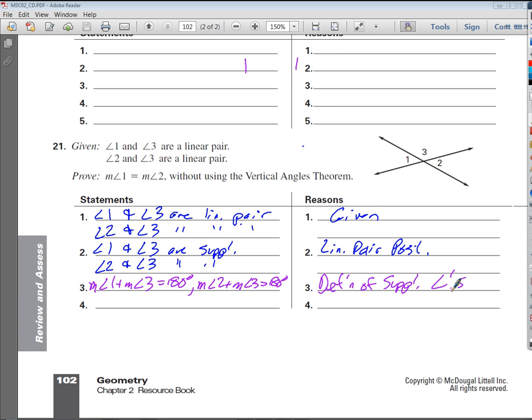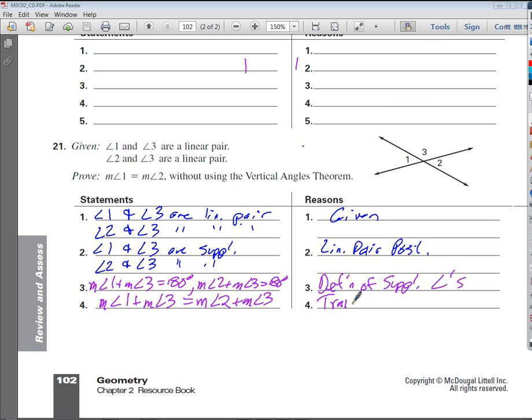If you did that, then that was useful because, what did we say? Oh yeah, then we could say by substitution or transitive property, I would have gone either way. If the sum of measures of angle 1 and 3 equal 180, and the measures of angle 2 and angle 3, their sum is 180, then I could substitute and say the measure of angle 1 plus the measure of angle 3 equals the measure of angle 2 plus the measure of angle 3 by either substitution or transitive property. Make sense?